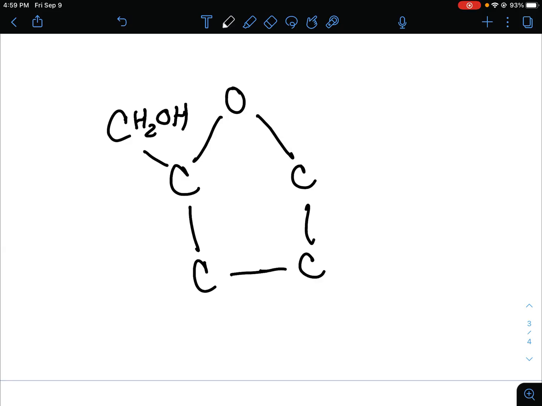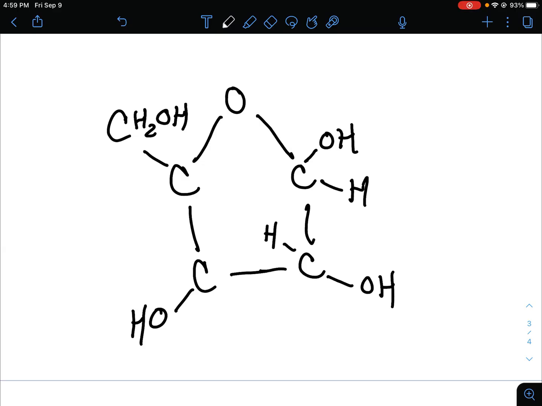This is also an acceptable way to do it. And then I would fill in my hydroxyl groups. I know it goes on the top of this carbon. I know it goes bottom over here, over like this. And then I fill in any missing bonds of my carbons with hydrogens. So hydrogen, hydrogen, hydrogen, and hydrogen.